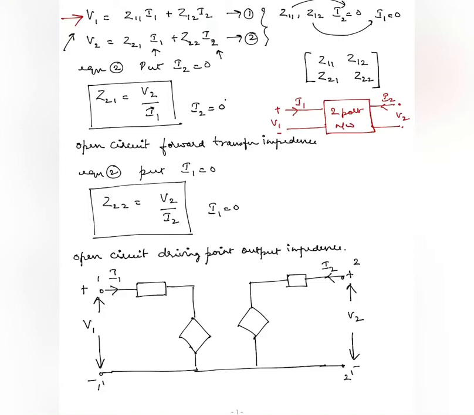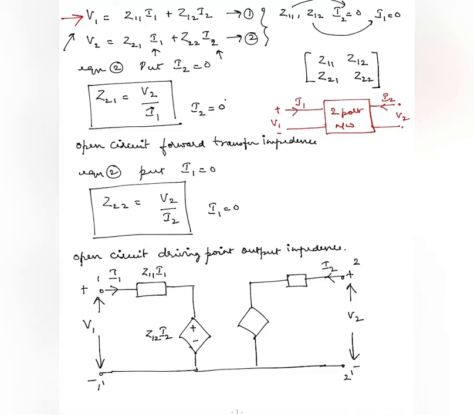It is nothing but a KVL, right? So in order to satisfy this equation, we should have Z11 I1 here, and this becomes a voltage source with the value Z12 I2.